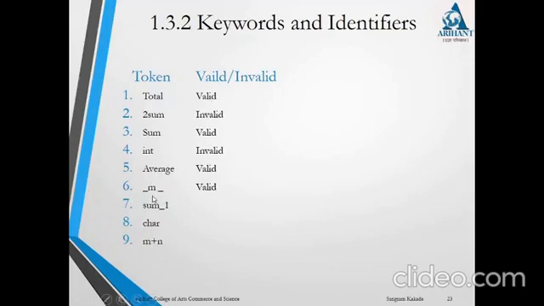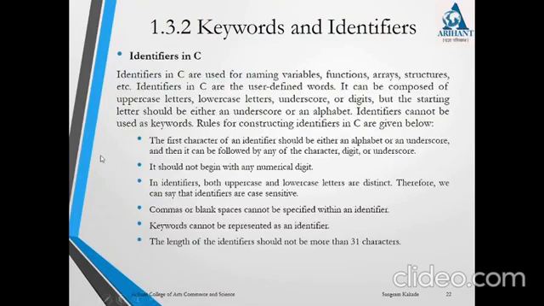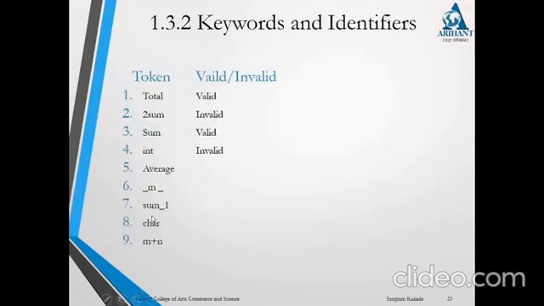Next, the seventh identifier is sum_1. Let's check. The first character of the identifier should be an alphabet, which is true in this case.